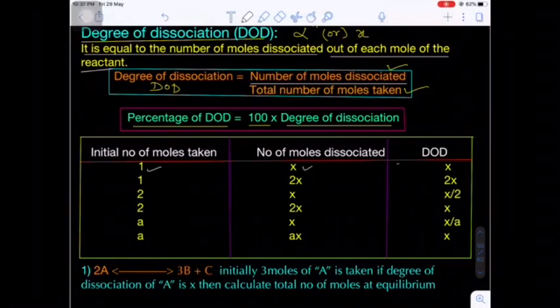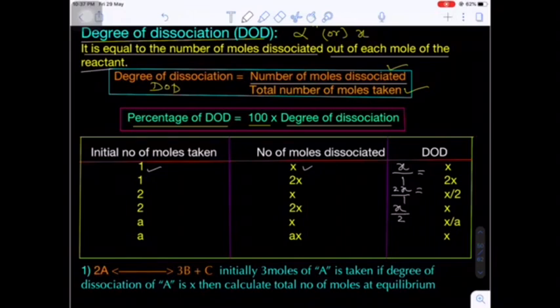So the degree of dissociation is the number of moles dissociated divided by the number of moles initially taken, that is X by 1, which is equal to X. In the second case, 2X moles dissociated out of 1 mole, so 2X by 1, that is 2X. In the third case, X mole dissociated but 2 moles taken, so X by 2.